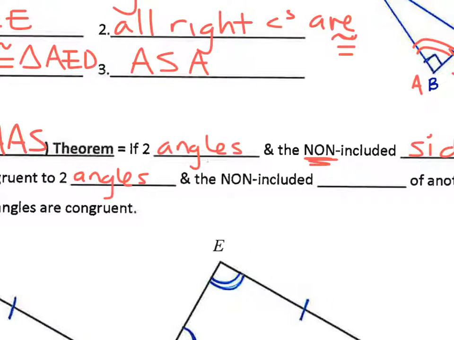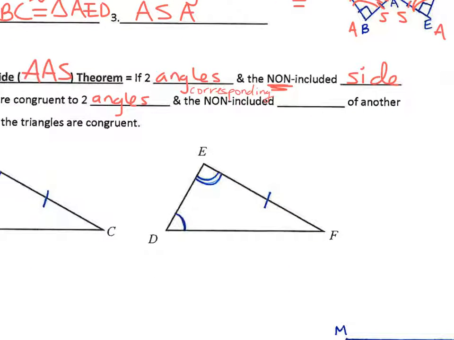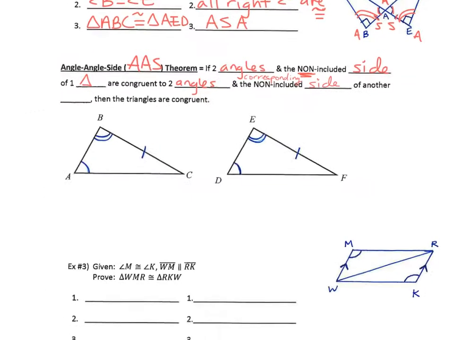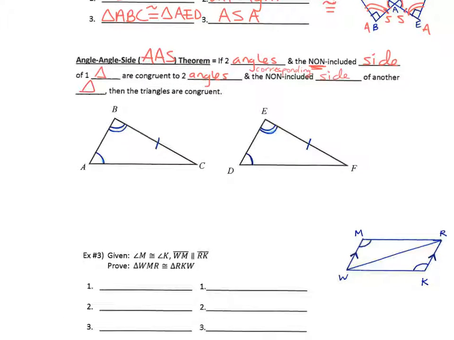Right here, you need to write the corresponding non-included side of another triangle. So if two angles and the non-included side of one triangle are congruent to two angles and the corresponding non-included side of another triangle, then the triangles are congruent.